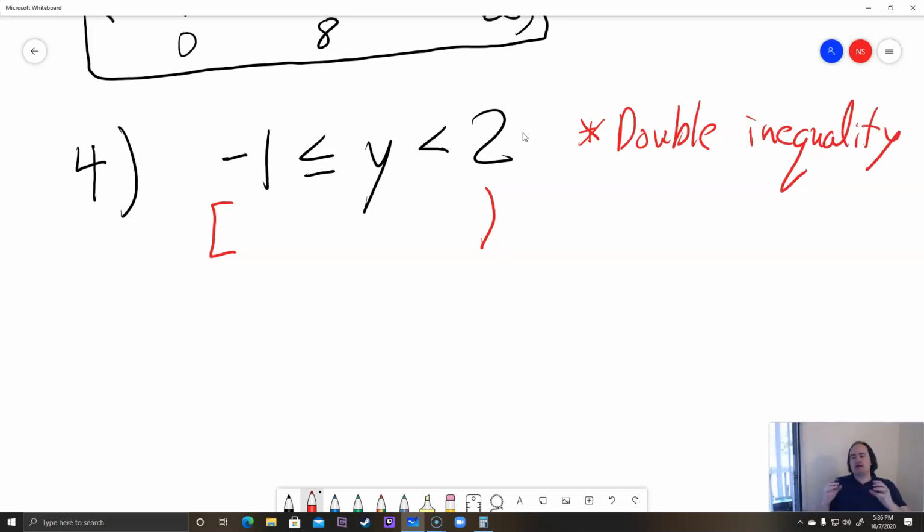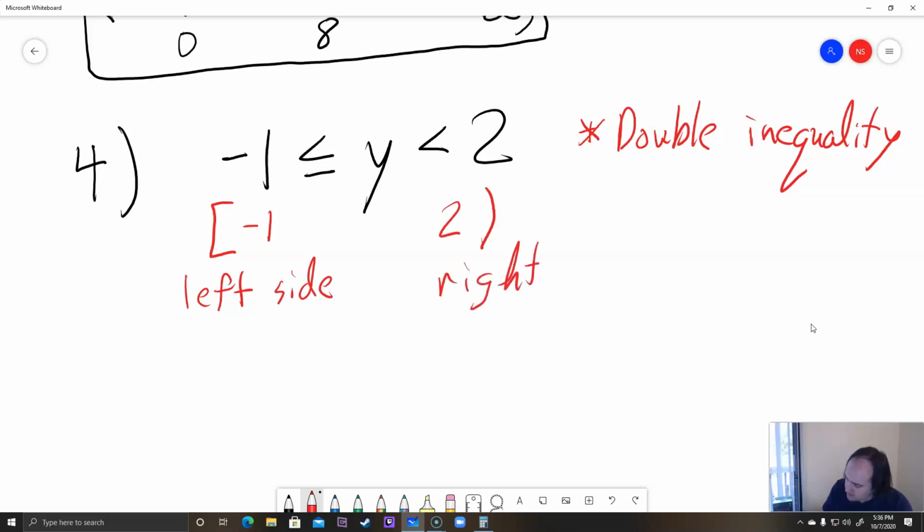Because the variable is sandwiched in the middle, it's pretty easy to graph because the -1 is going to be the left side of your inequality and the 2 is going to be the right side of your inequality. Okay, so bracket -1 is the left side, and parentheses 2 is going to be the right side.